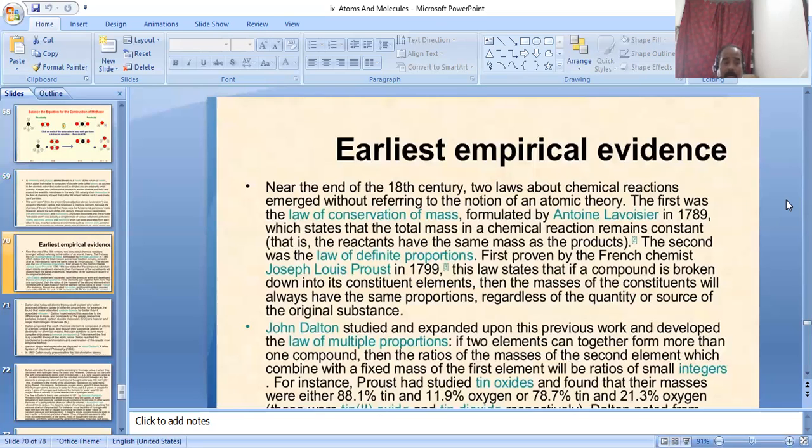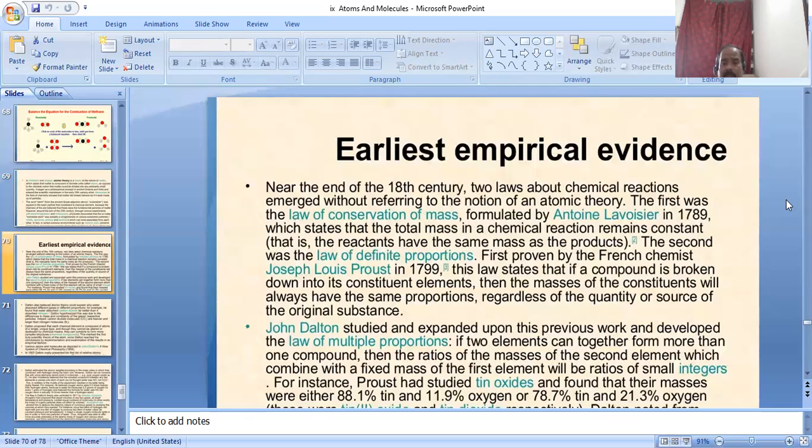That means any chemical compound does not depend on the source or place to change its chemical formula.